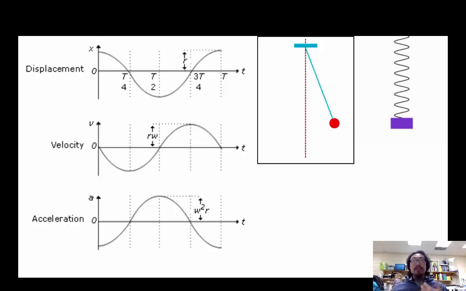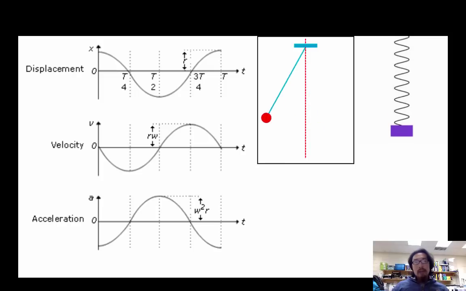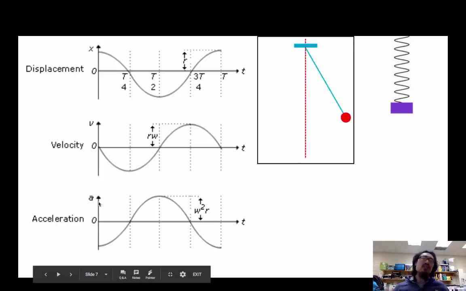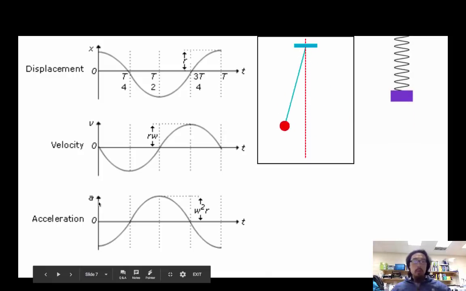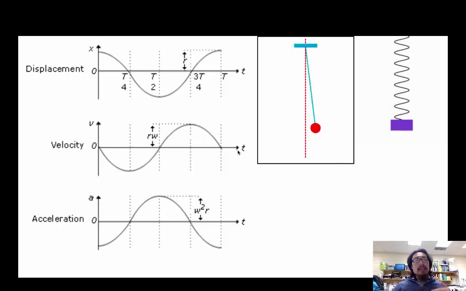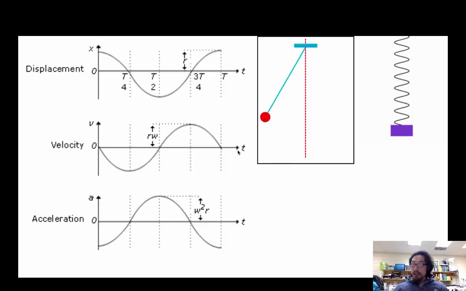And force is mass times acceleration. If we have the greatest force, we should also have the greatest acceleration because we're not changing the mass as it swings back and forth. And we also notice that for a velocity versus time graph, the slope represents the acceleration.